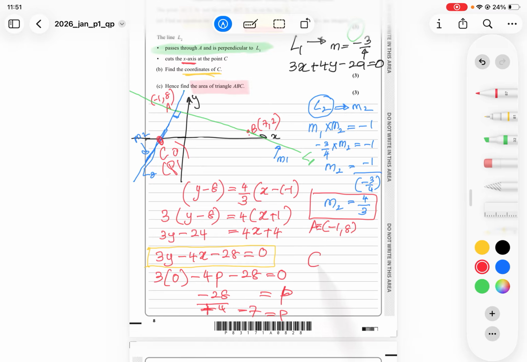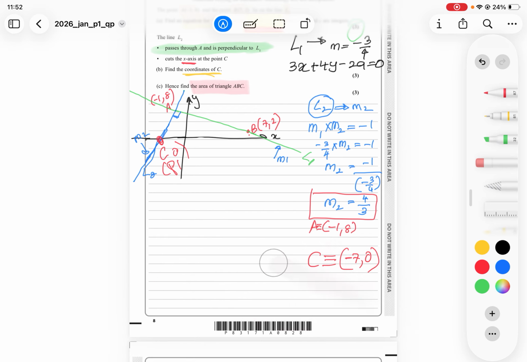So the C coordinate would be negative 7 comma 0, which looks correct as well. So this is the answer for the coordinate of C. Okay, now we have a lot of information here. So with this information, let's try to get the area of the triangle.